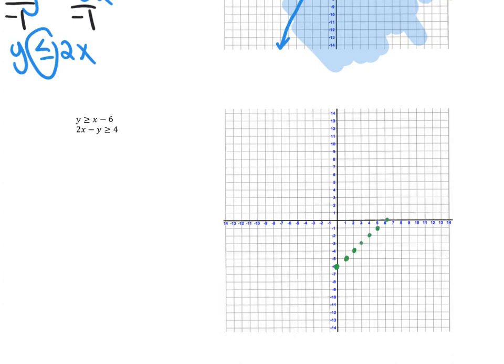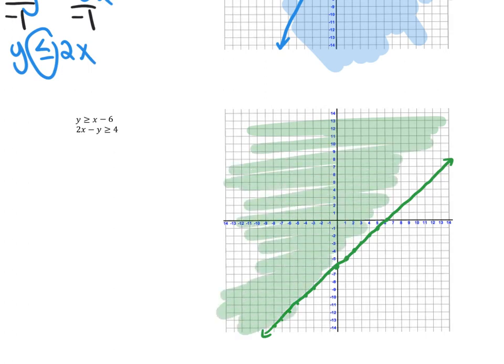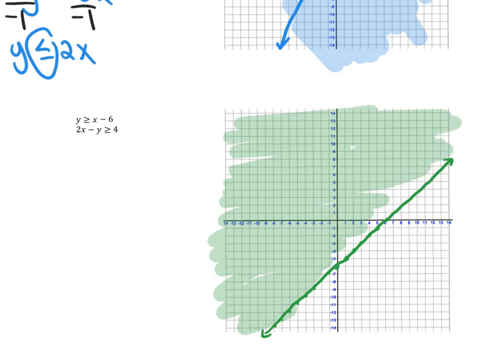So I'm getting this line here, and again, it's greater than or equal to, so it's a solid line. Because I'm greater than, that means I'm above that y-intercept, so everything above that line gets shaded.